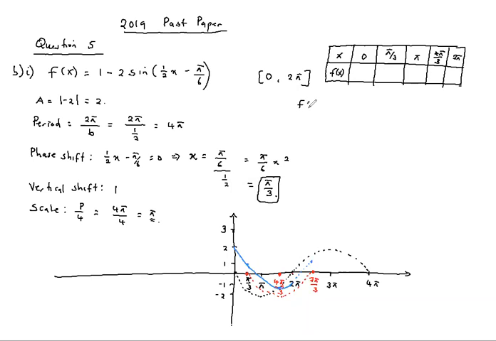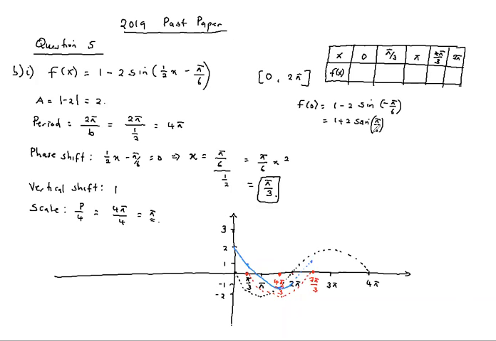So what will be f of 0? F of 0 will be 1 minus 2 sine negative pi over 6. Now this is the same as 1 minus 2, 1 plus 2 sine pi over 6. Remember, I mentioned at some point that sine is odd.